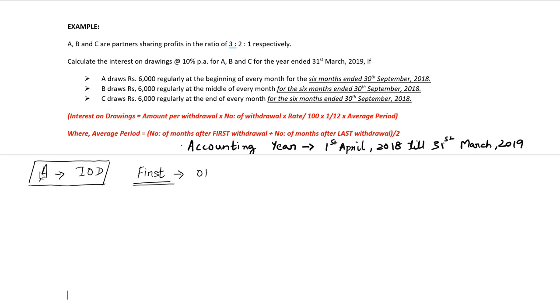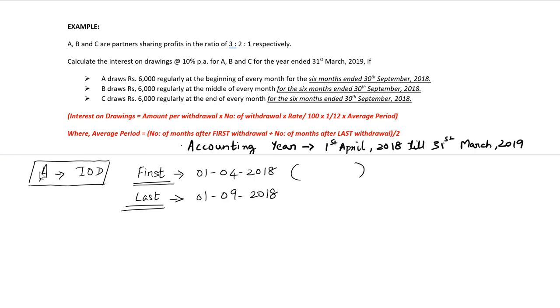The first withdrawal is on 1st April 2018. The last withdrawal is at the beginning of the month of September, which is 01/09/2018.